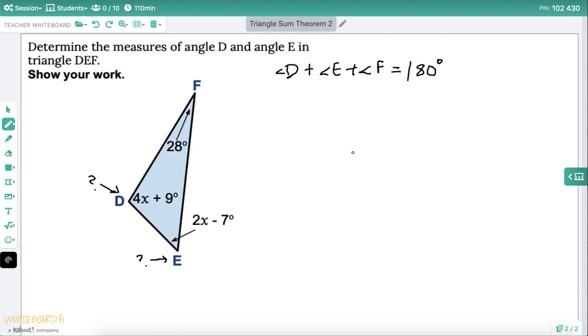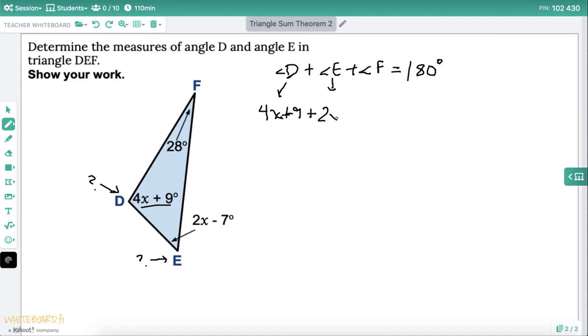There you go. So we know that D is represented by 4x plus 9. So this is 4x plus 9. E is represented by, right here, it's pointing to it, 2x minus 7.